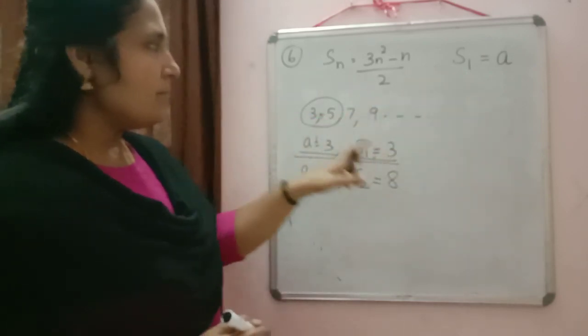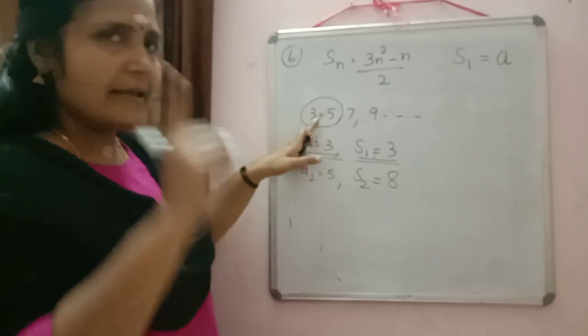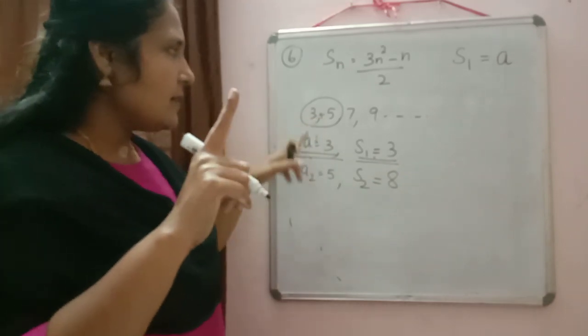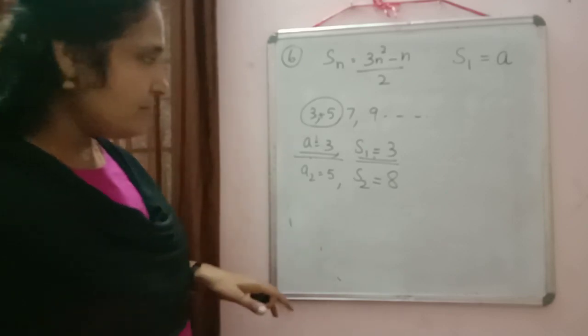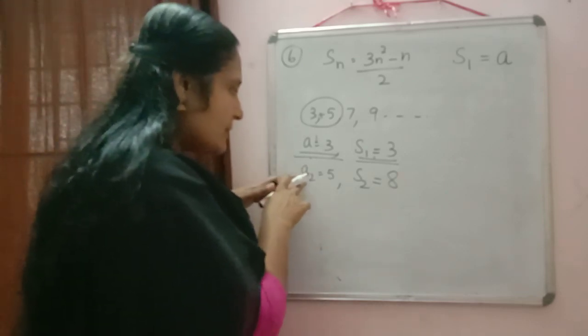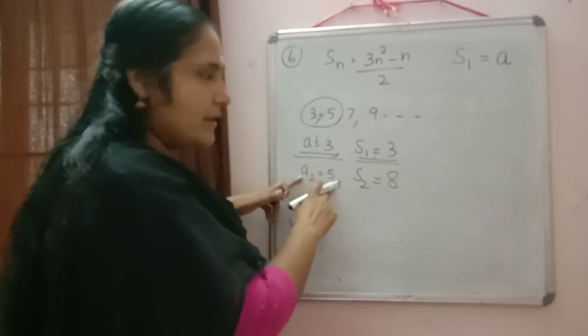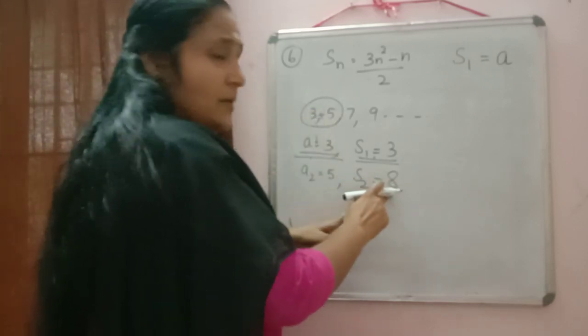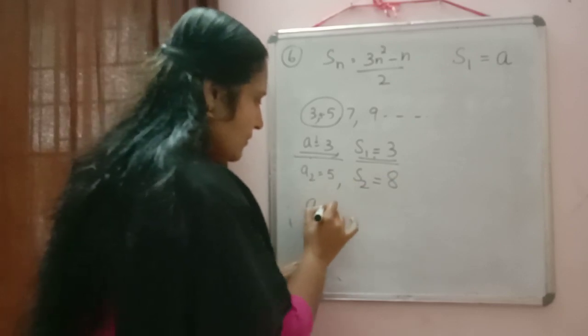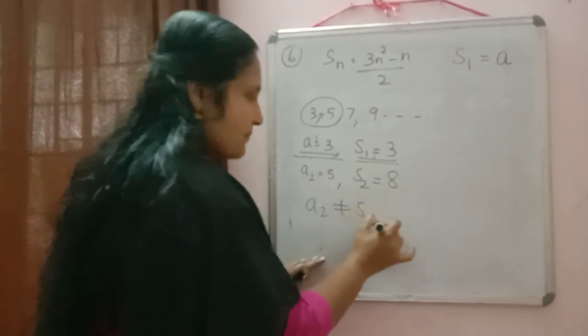Sum of one term means we are adding only one term. So the first term and the sum of one term will be the same. But the second term is equal to 5, while the sum of these two terms is equal to 8. So A2 is not equal to S2.